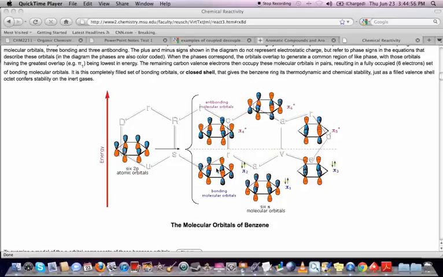Same with this one. It has pretty much the same number of overlaps, so it's got about the same energy, and this one's worse, so it's got higher energy. And again, these have about the same number of overlaps as well. So we've got all overlaps going here, no overlaps going here, and we've got some overlap here, less overlap here, and less overlap here.